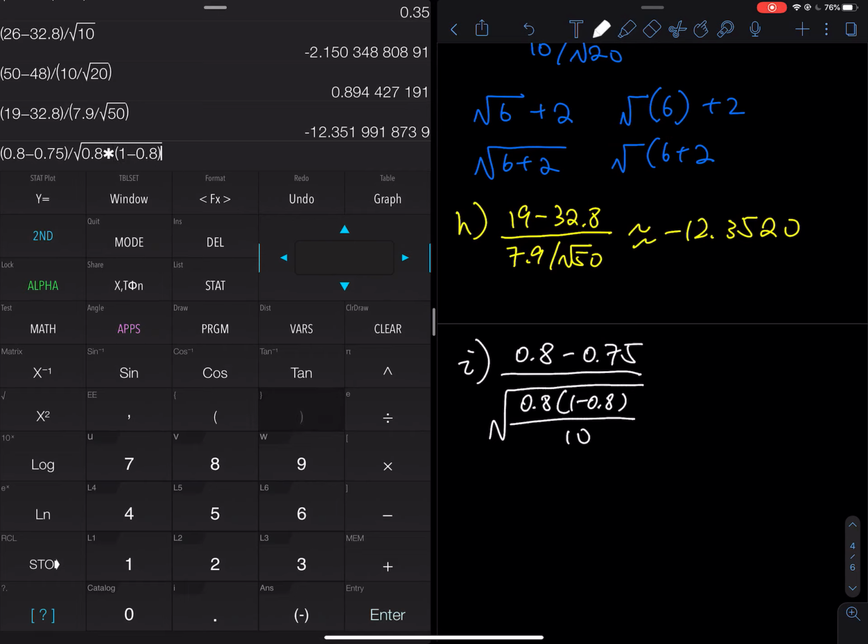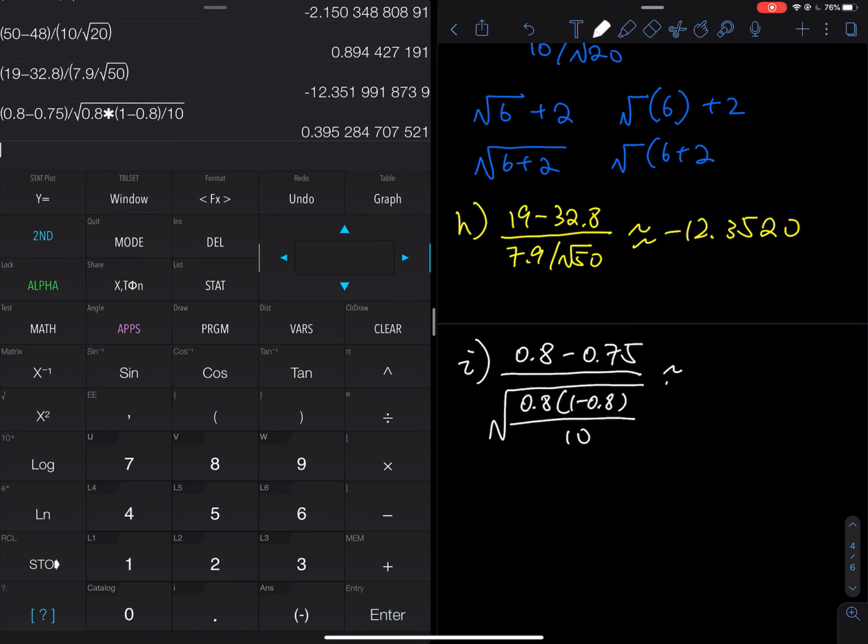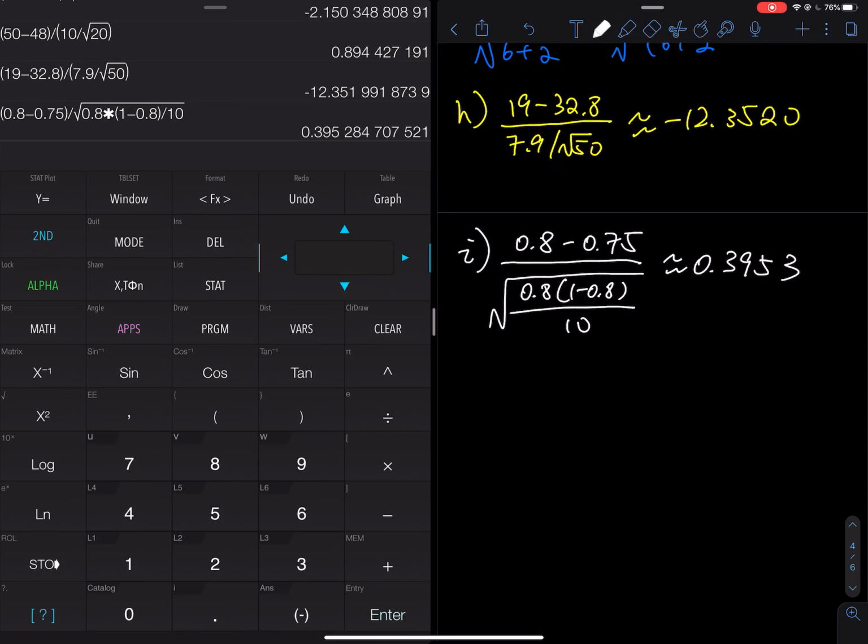If you do the minus yourself, if you say multiply 0.2, then you don't need that parenthesis. Divided by 10, remember, on your graphing calculator, close parenthesis, all right? Close parenthesis. All right, everything looks good. So that is around 0.3953. And then that is I, and then we have J.